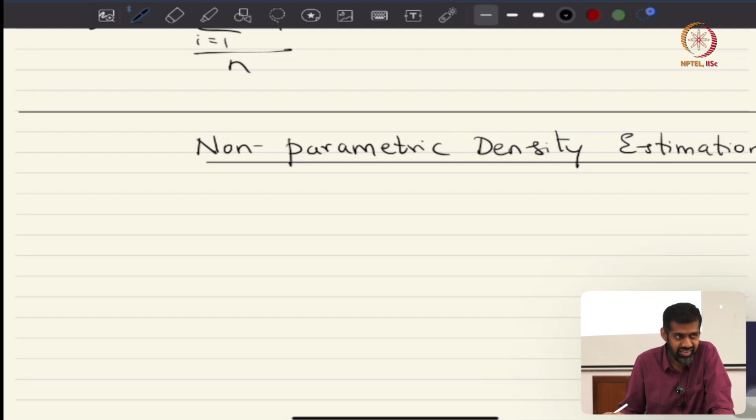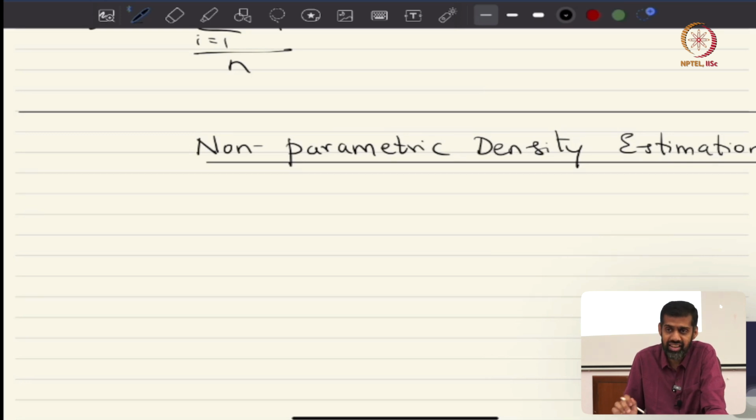The difference is, one, you estimate the entire density function and get a complete functional form. So you assume the functional form a priori and you estimate the parameters. That is what we have seen so far, right? Now there can be another way where you only evaluate the density function at a given point without knowing the entire functional form.